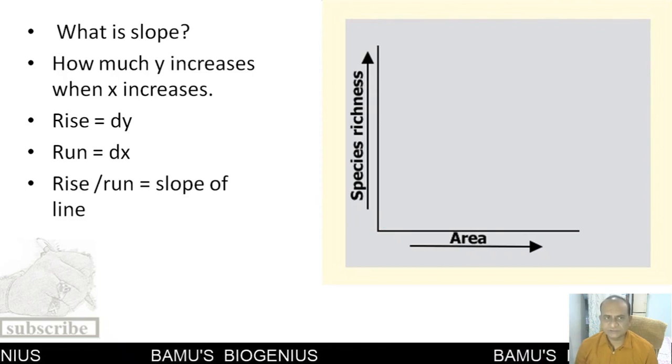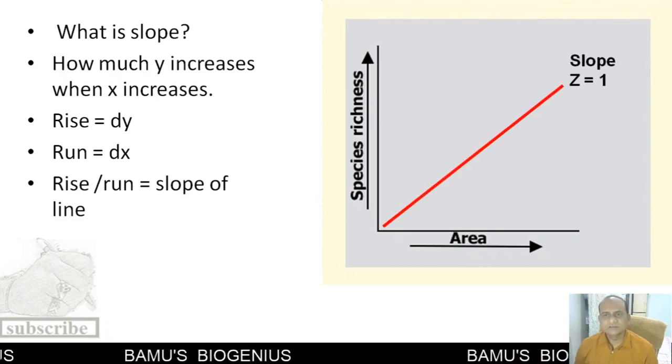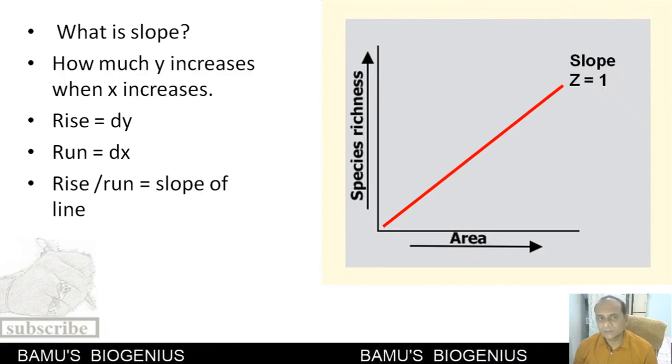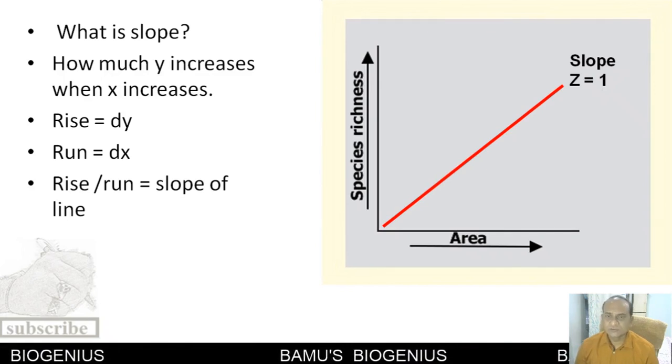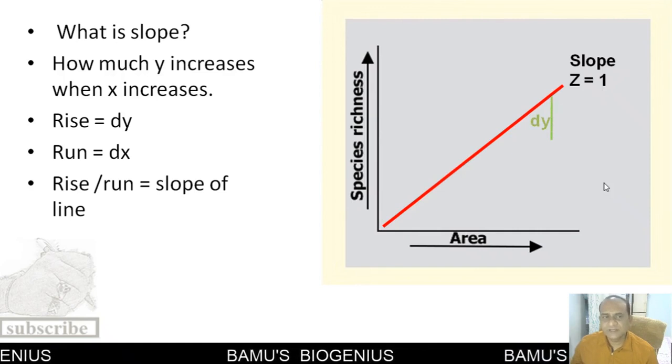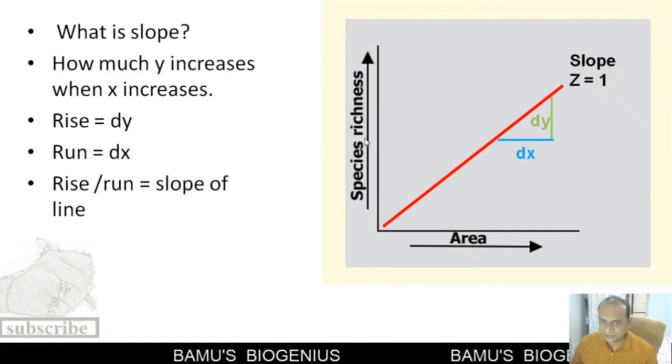Now what is the slope of a line? You can see here, when this particular line is drawn, the slope of this line is 1. That means for a particular increase in y, the same amount of increase in x happens. Rise is called dy, and run is called dx.